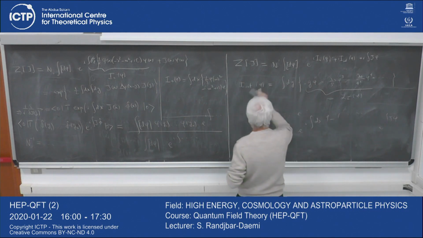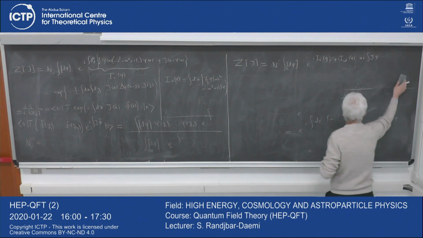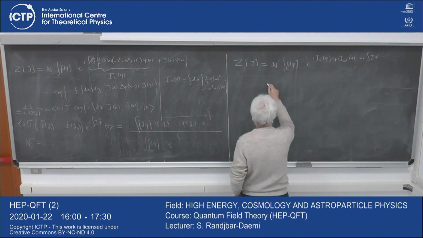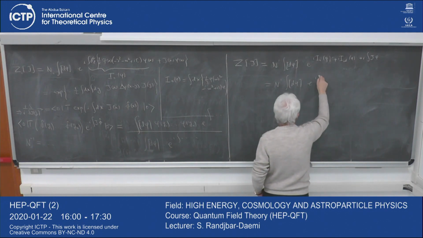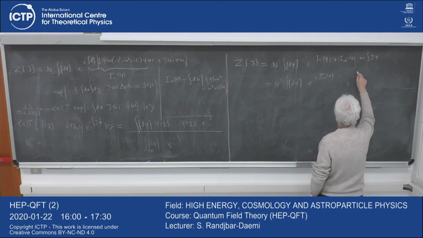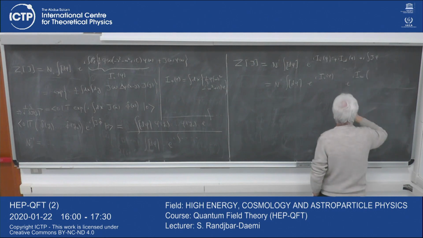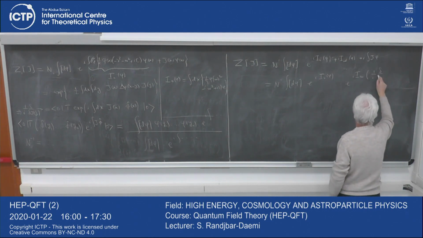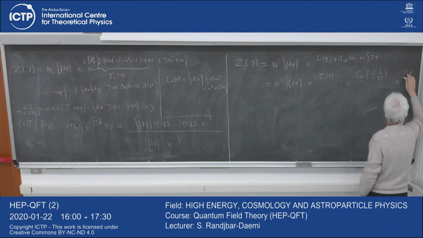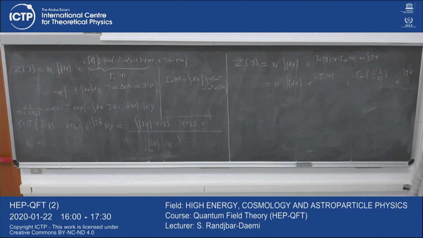So let's just remove this line, and go back here, and write this expression as integral over phi, exponential of i S_0 phi, and here let me write it as exponential of i interaction, 1 over i d by dJ, times the exponential of J phi. Okay?